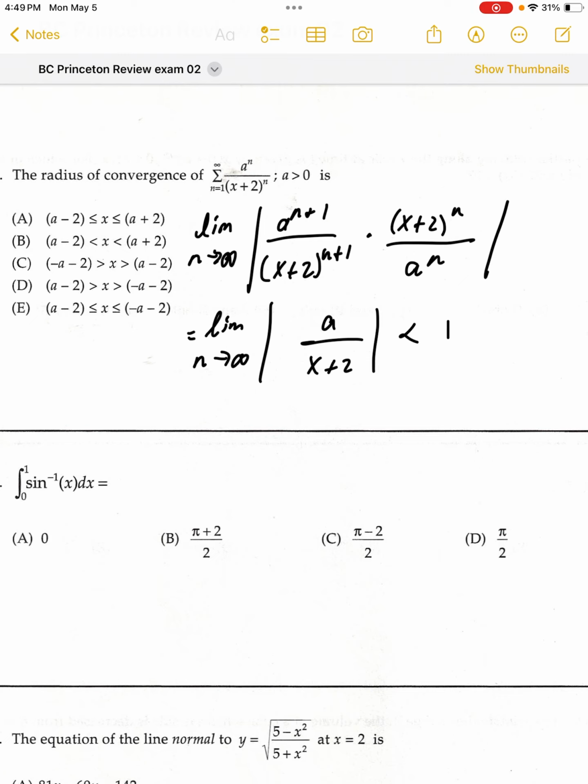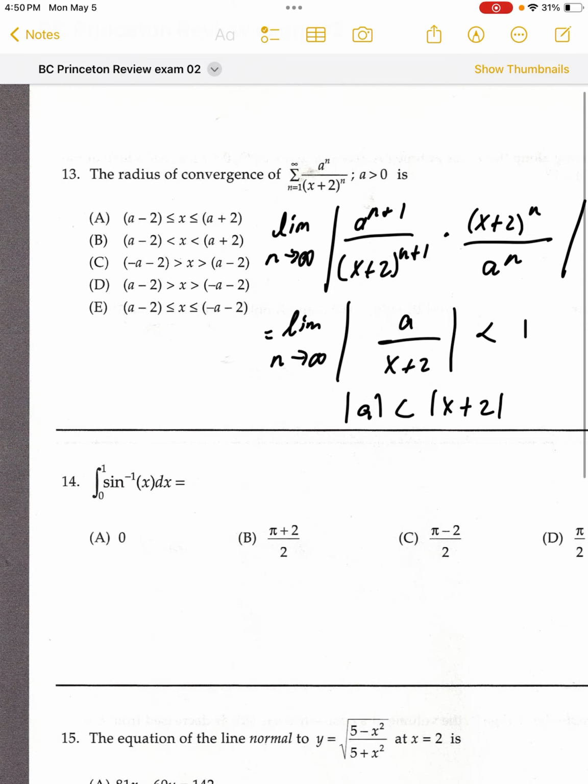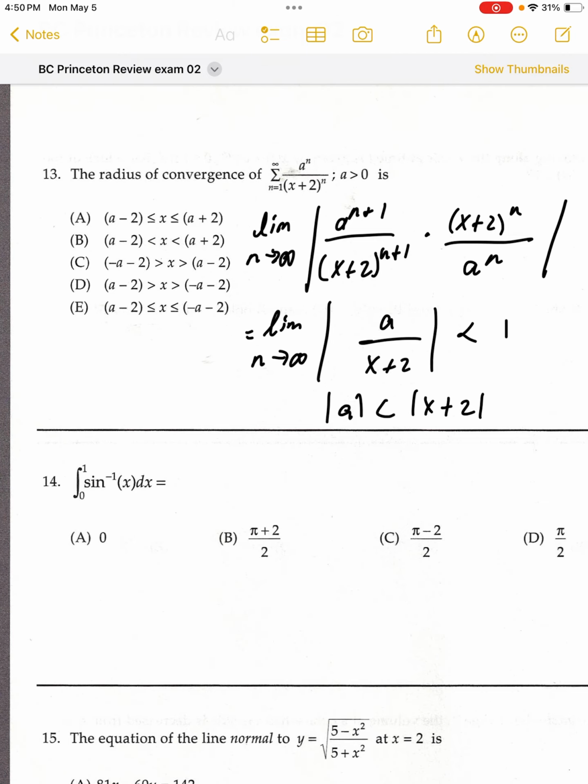So how would we approach this problem from here? We know that the absolute value of a cannot exceed the absolute value of x plus 2 under any circumstance, right? So where can x lie? a is a constant, a is positive.